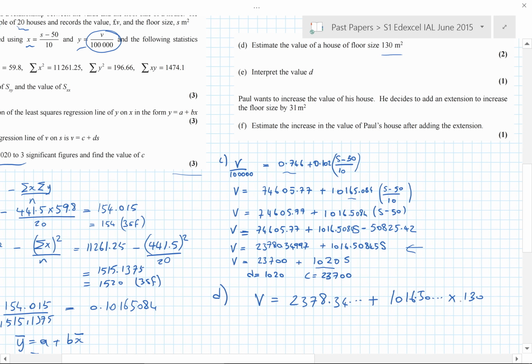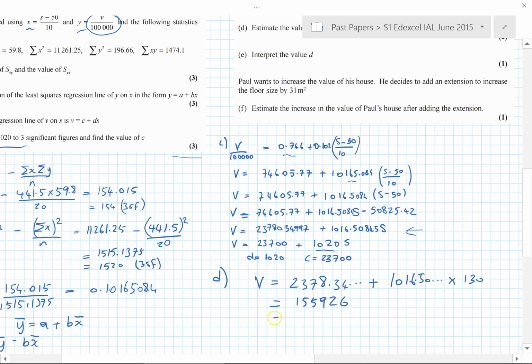That gives us the value for V of 155926 with a lot of other stuff. If we want to give three significant figures, it's quite a good idea to do that always. So 3 SF. There we go.